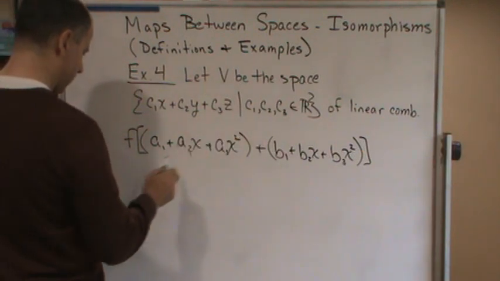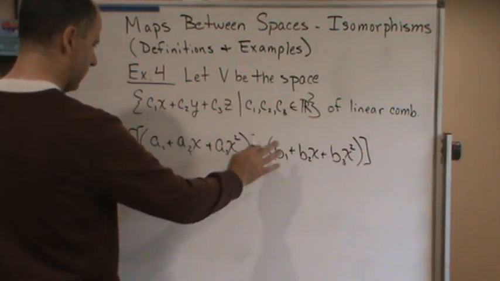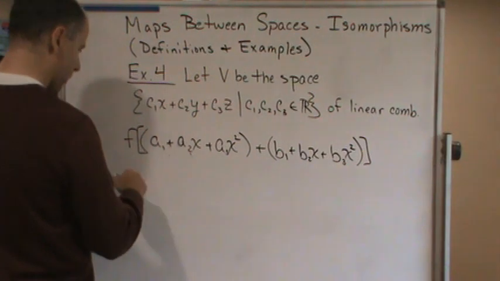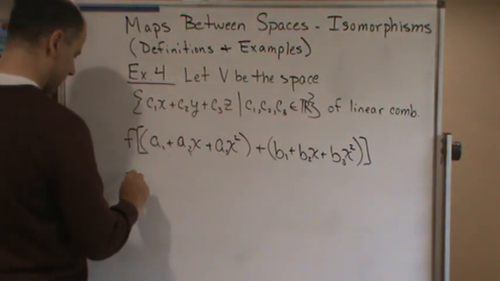So now what I'm going to do is the same thing. I'm going to simplify this by dropping the parentheses and adding like terms and then regrouping. So that's going to give me this.